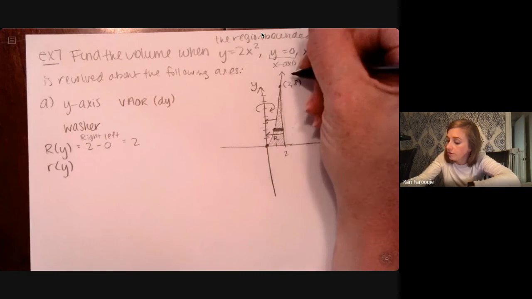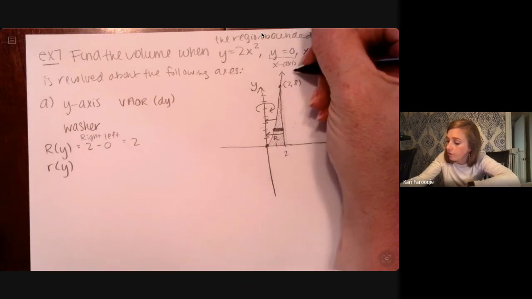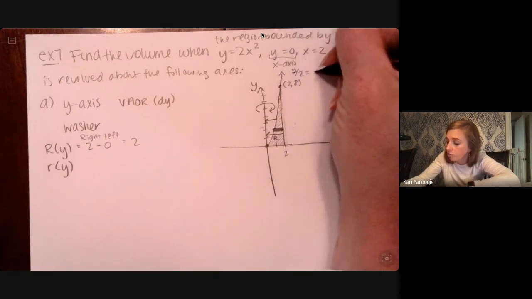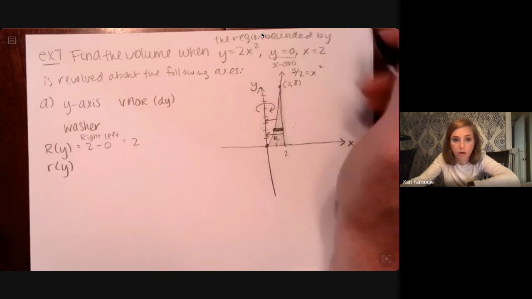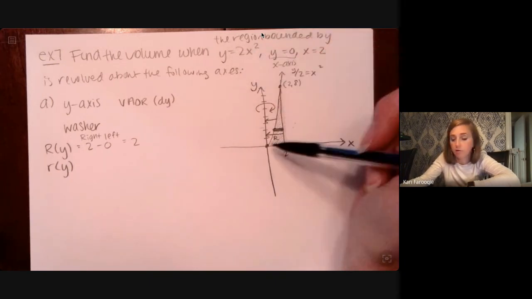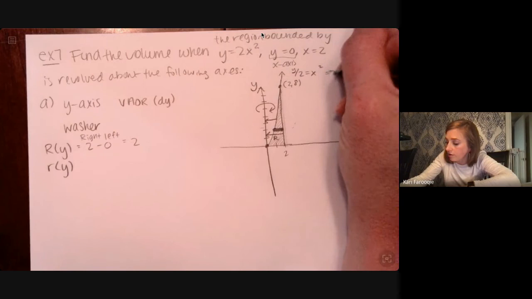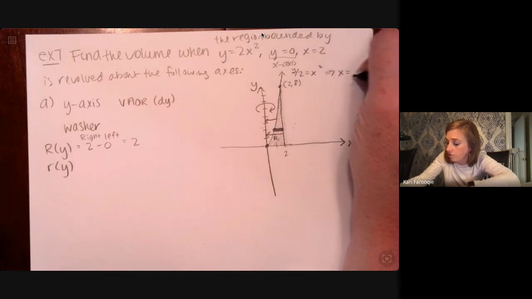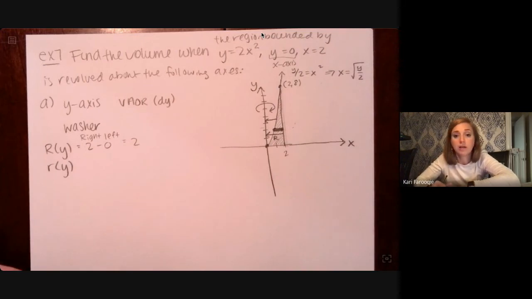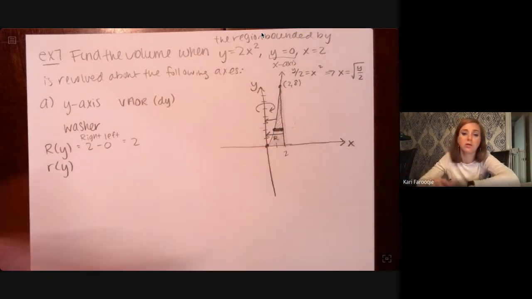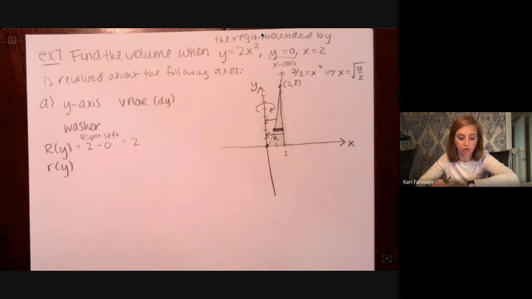So I can rewrite this as y over 2 equals x squared just by dividing both sides of this equation by 2. And then I can say that x equals the square root of y over 2. And again, it's not the plus or minus square root because I only have the positive piece of the square root function.